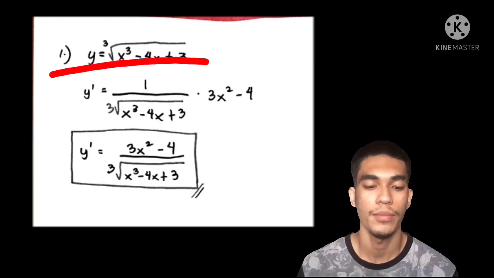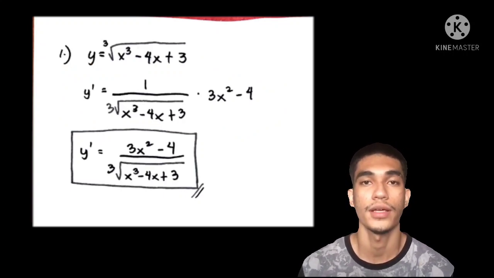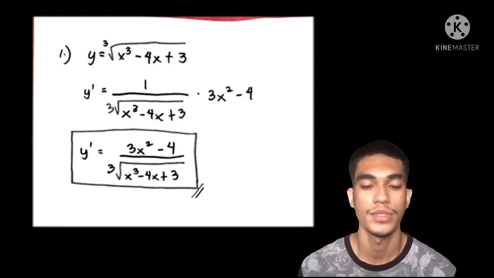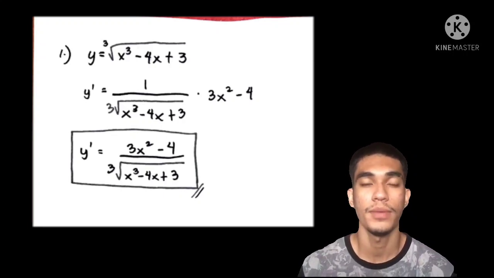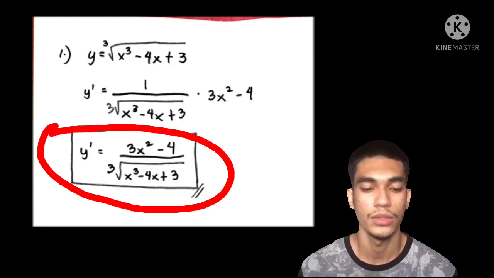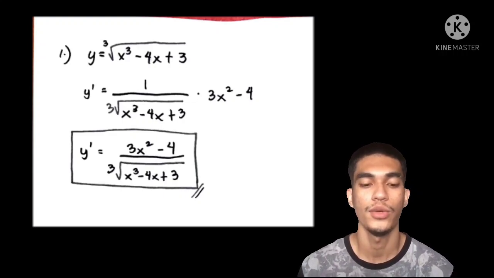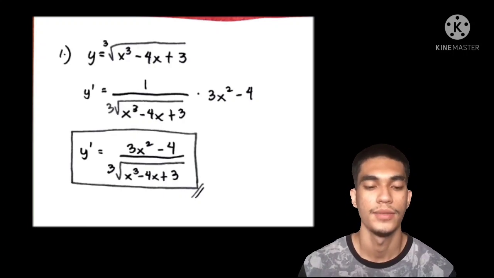So y prime is equal to 1 over the cube root of x cubed minus 4x plus 3 multiplied by the derivative of the terms inside the radical, which is 3x squared minus 4. Now, if we multiply this, we will have our final answer as y prime is equal to 3x squared minus 4 all over the cube root of x cubed minus 4x plus 3.